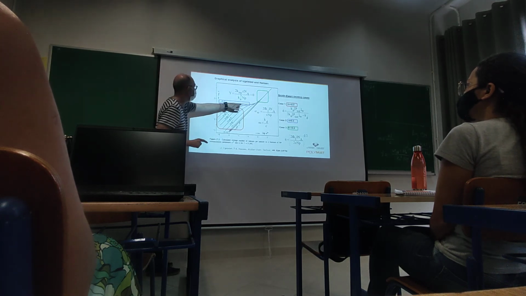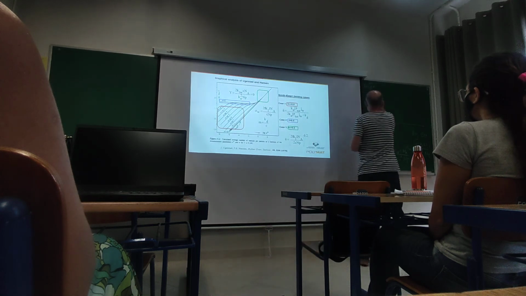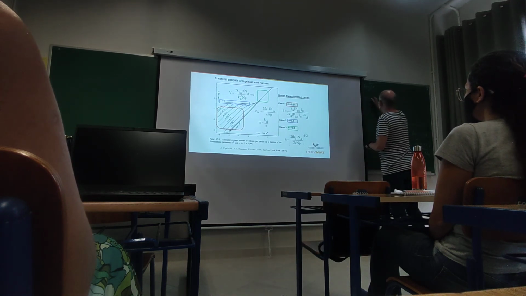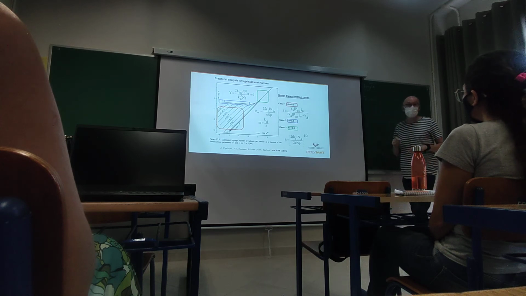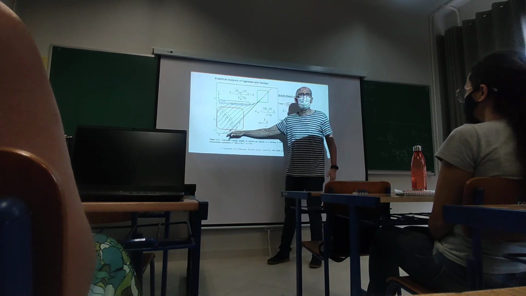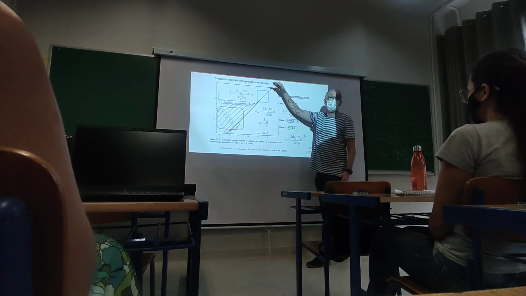So this line here, with N is 0, this line is M bar 0.5. Below this line, M bar is much lower than 0.5. And above this line, M bar is higher than 0.5.